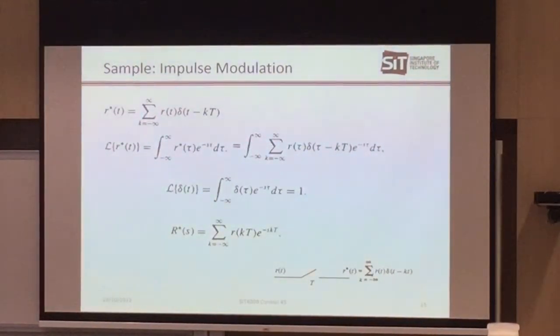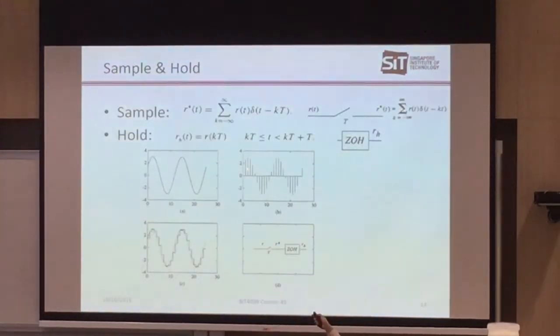At time equal to 1, I have another impulse. Then I sum up everything, and I get all my digital samples.